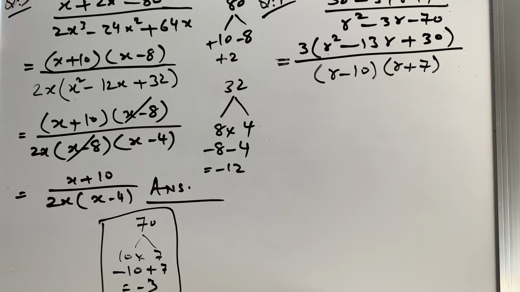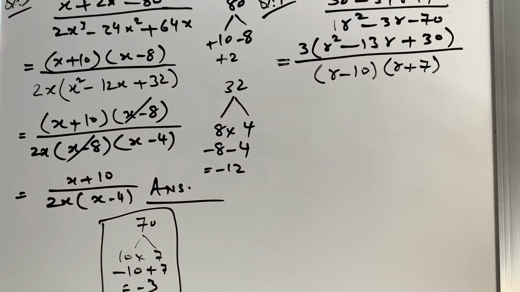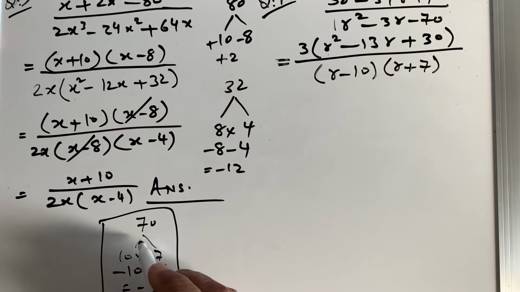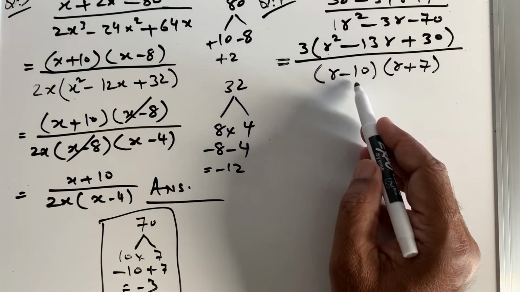That means on multiplication it gives you the first term coefficient times the last term, which is 70, and the two factors I consider are 10 and 7, and then I put the signs to get my minus 3, so that is minus 10 and plus 7.